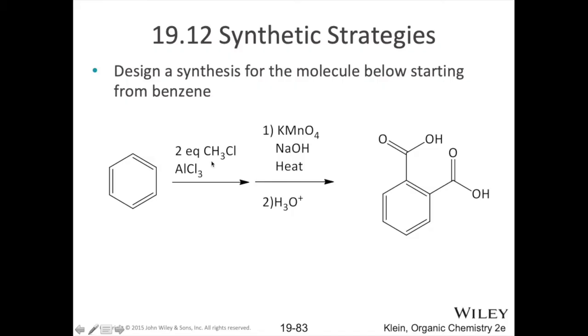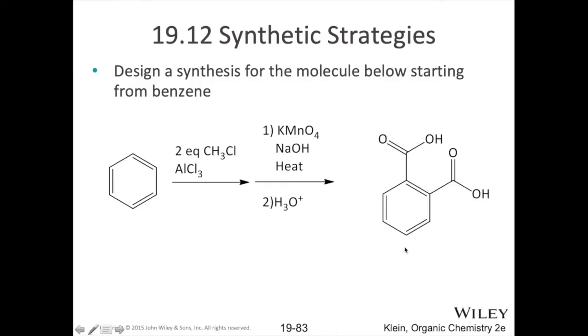So we do that twice. We have two equivalents of it. So we're going to add two methyl groups onto this benzene. All right, and then of course we can oxidize them to carboxylic acids using a strong oxidizing agent like potassium permanganate. Now, one issue that this answer slide has addressed is that we have both of our alkyl groups ortho to each other.